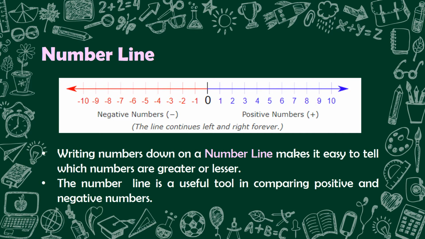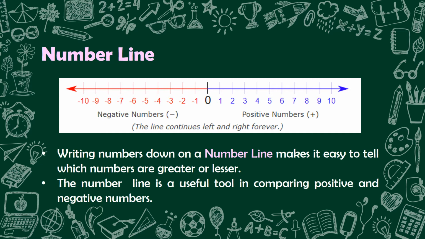Writing number down on a number line makes it easy to tell which number are greater or lesser. The number line is a useful tool in comparing positive and negative numbers. As you can see, a number line is just a simple straight line with arrows on both ends. So on the left side, we have the negative numbers, and on the right side, we have the positive.